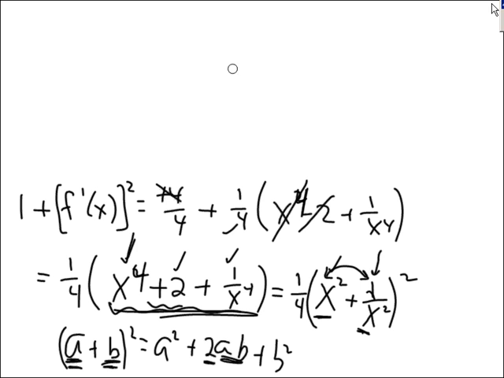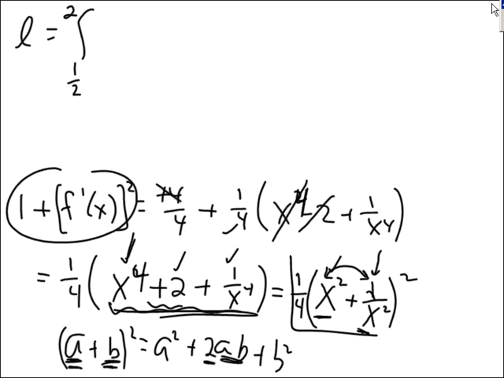So now, we have to integrate. To find our arc length, we have to integrate, remember it was from 1/2 to 2 of the square root of this. That is the square root of that. Well, what is the square root of this?